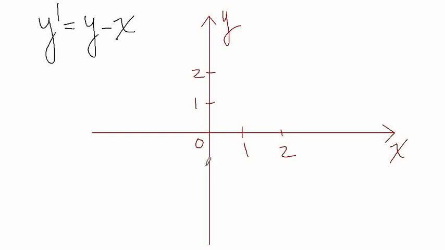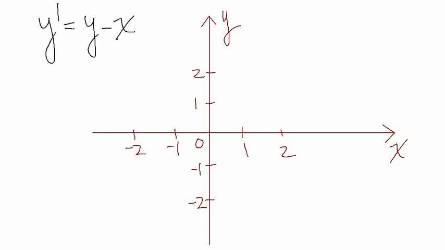So give me a minute to finish this XY coordinate plane picture. And I am going to do the following. I'm going to find regions of the XY coordinate plane where all the points correspond to the same slope value.